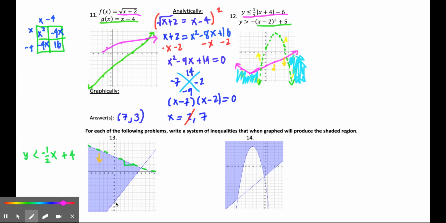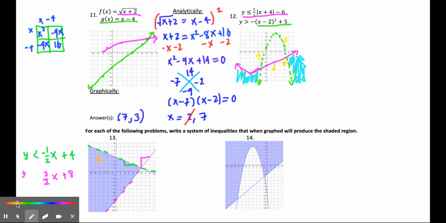And then for this one, this is also dotted. It looks to have a y-intercept of 8, and it looks like it has a slope of 3/2.